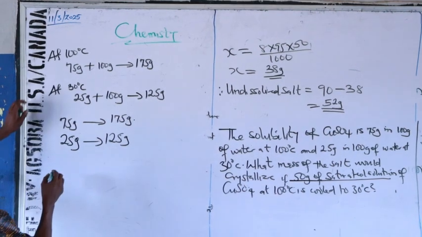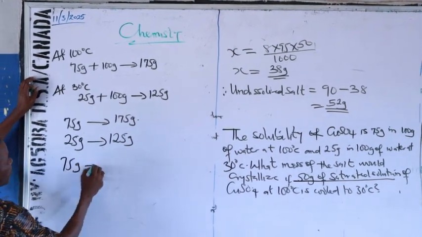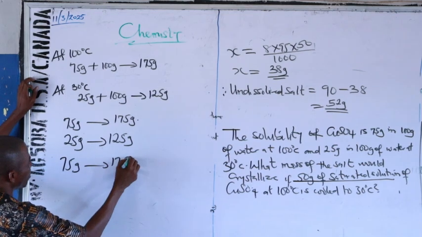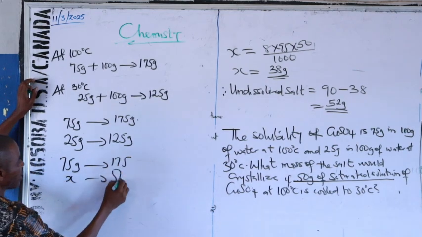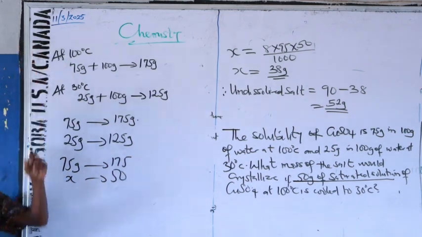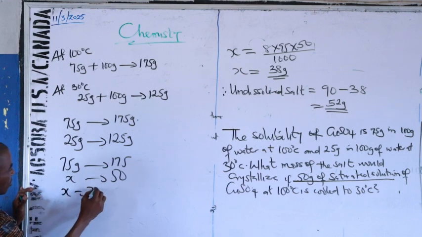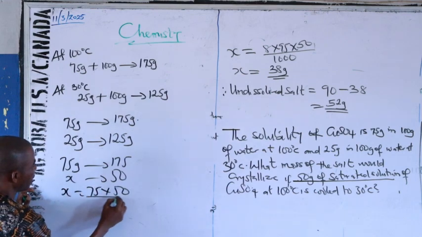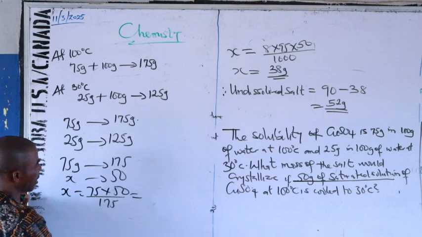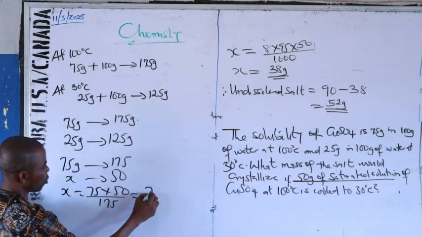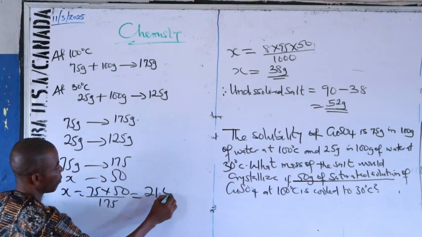So here we can say 75 grams is present in 175. How many grams will be present in 50 grams? Because 50 grams is what we need for that calculation. What would that give us? S is equal to 75 times 50 divided by 175. And that gives us 21.43.